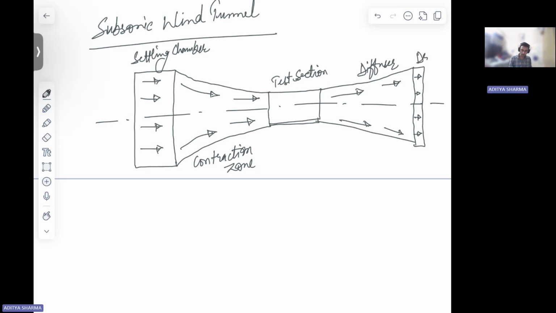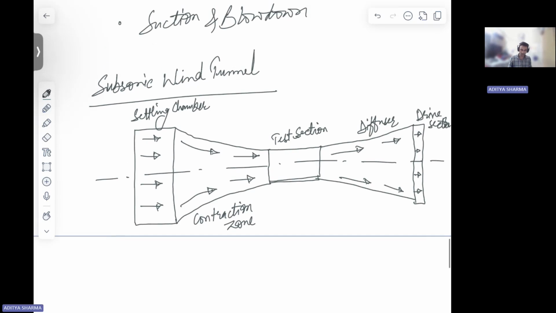This is your drive section. So this is the open circuit, suction type of wind tunnel that we have in our wind tunnel lab here at IIT Guwahati also.